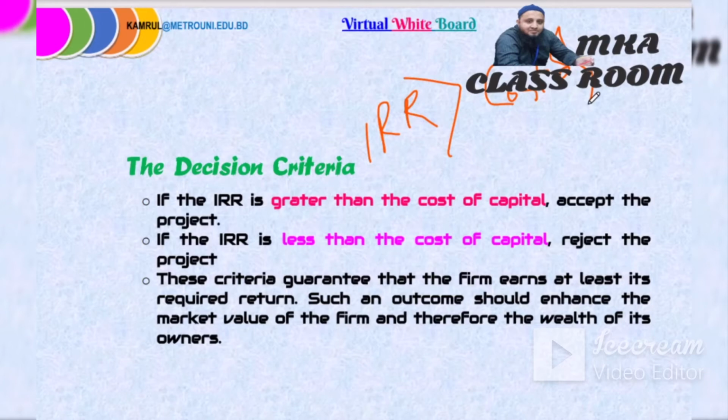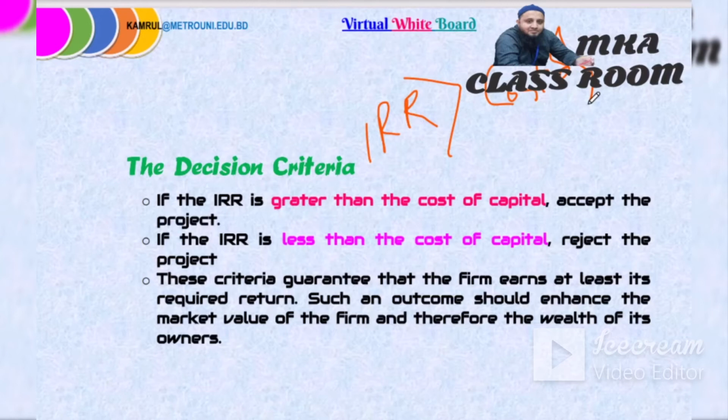It is a very simple rule. If we calculate IRR and it is greater than our required rate of return or the firm's cost of capital, then we will accept the project, otherwise we will reject the project.